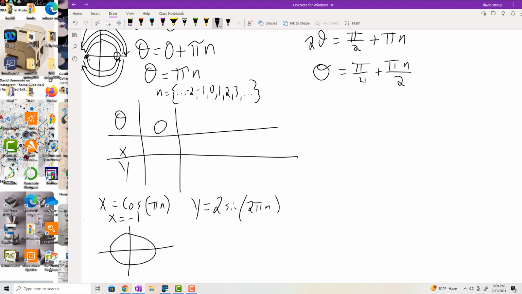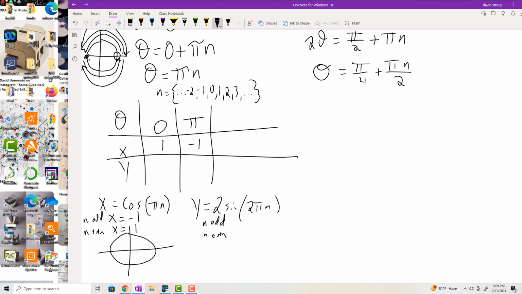So when n is odd, and then when n is even, x is going to equal +1. So it'd be like 2 pi or even 0 as we have here. So cosine of 0 is going to be 1. And then we want to do the sort of same analysis with this other guy, right? So, and then if we just had 1 pi, that would be -1.